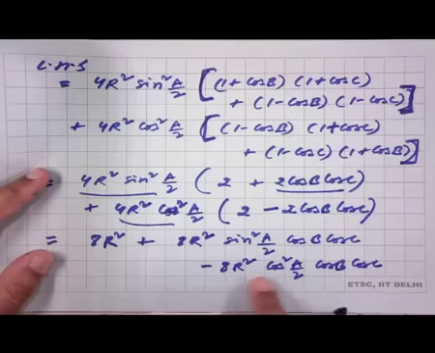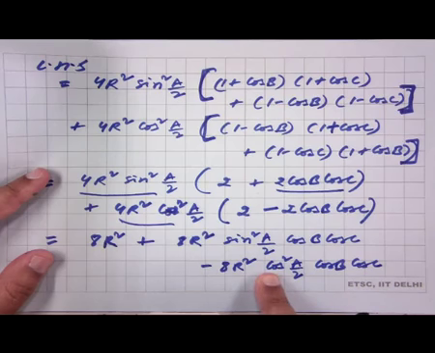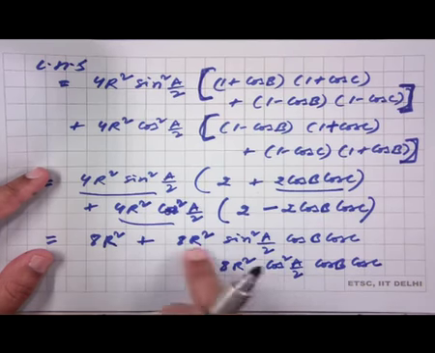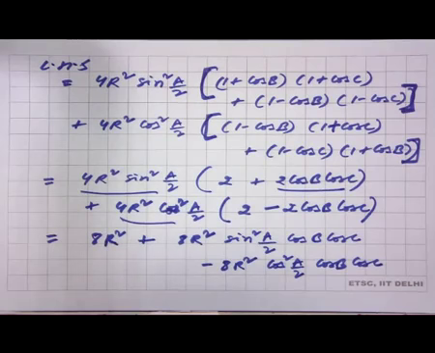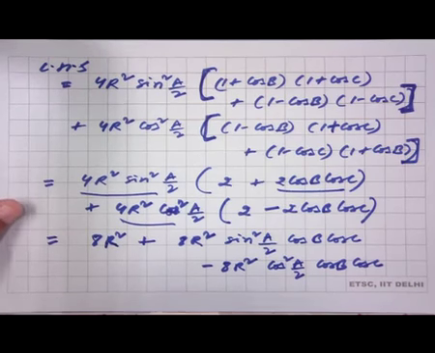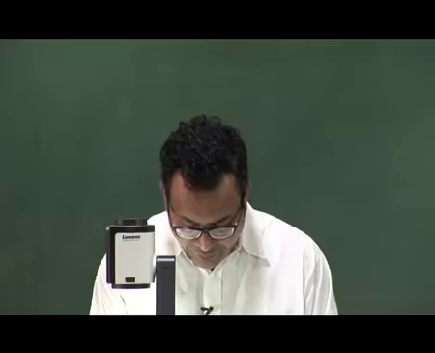But here we see that because 8r square and cos b cos c is common, we have cos square a by 2 minus sin square a by 2 coming here.